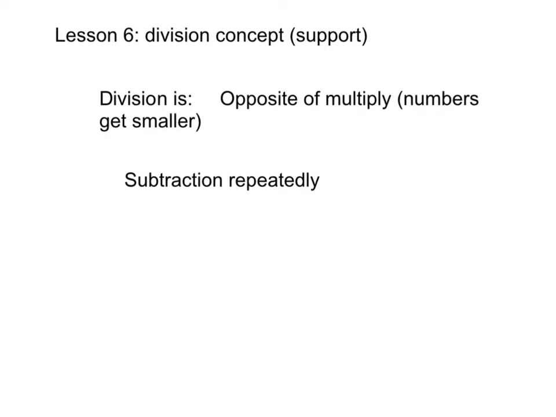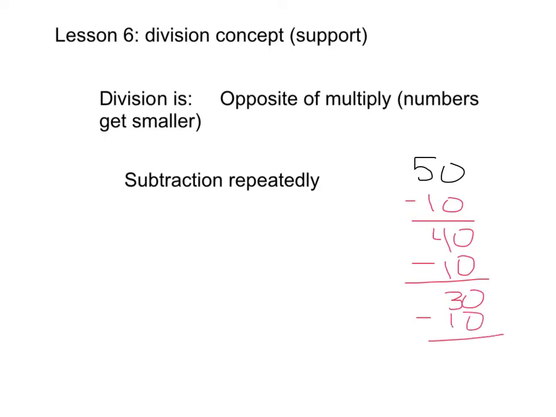Here's an example. Let's say I have $50 to go to the movies, and each movie ticket is $10. So how many people can I take with me to the movie? Well, it's $10 to take you, then it's $10 to take Sam, then it's $10 to take Johnny, then it's $10 to take Rosie.